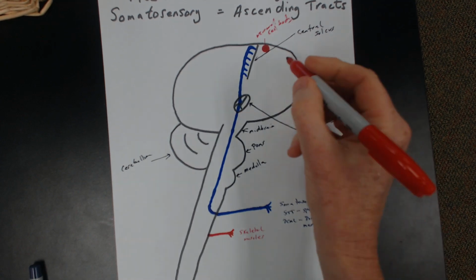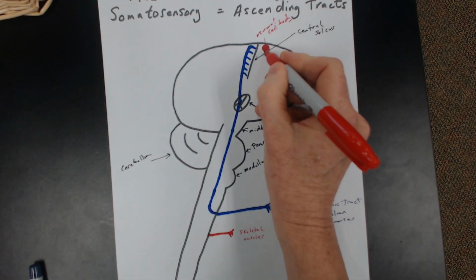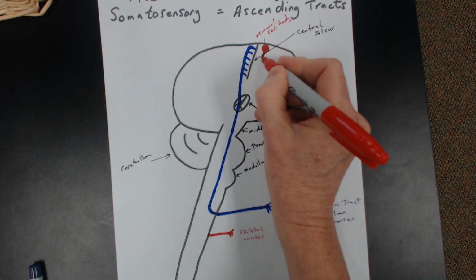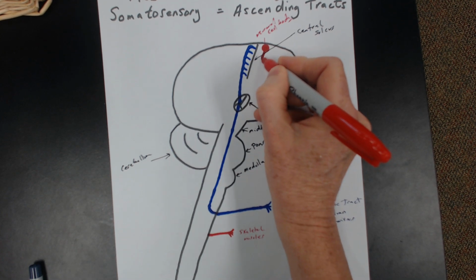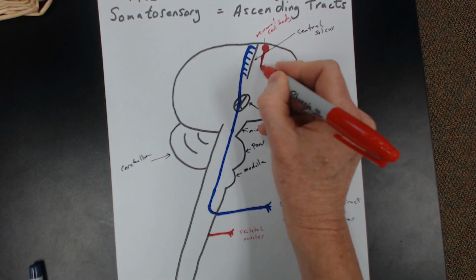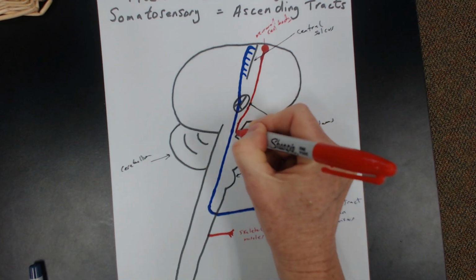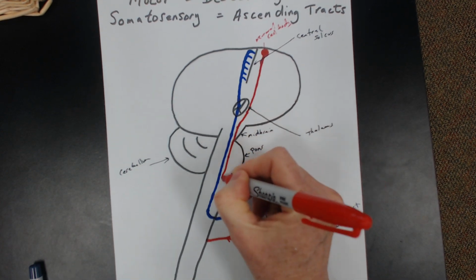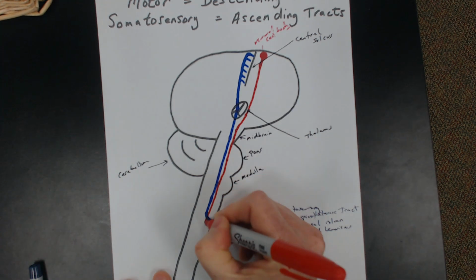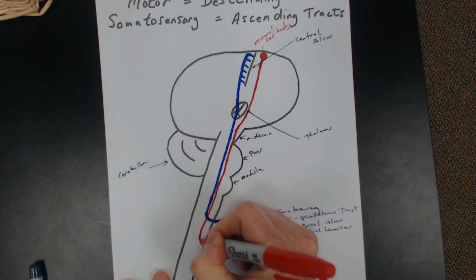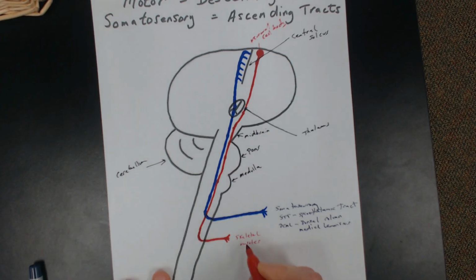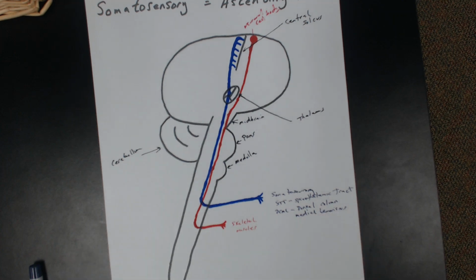And that neuronal cell body has an axon that's going to travel all the way down, essentially through the midbrain, through the pons, through the medulla, and we'll talk about exactly what happens, but essentially its job is going to be to innervate skeletal muscles.